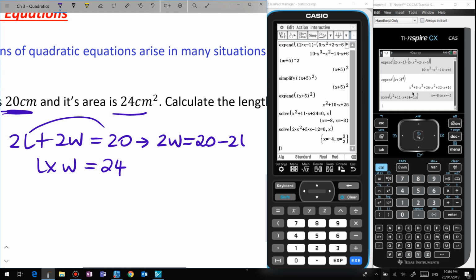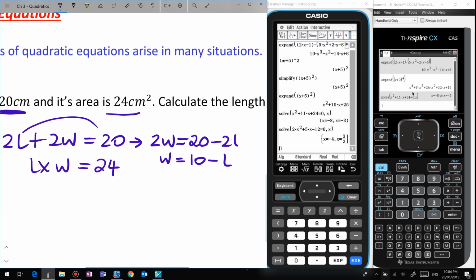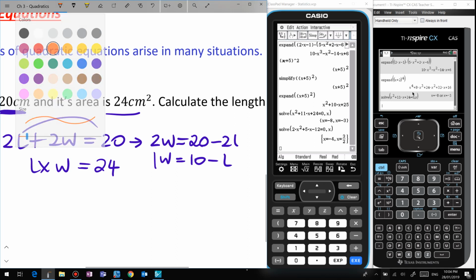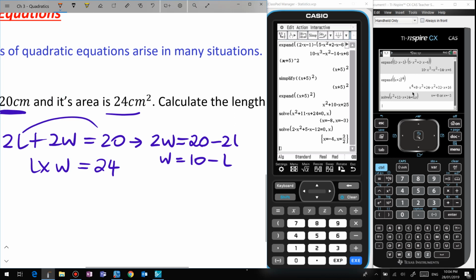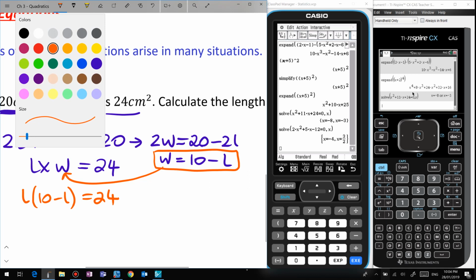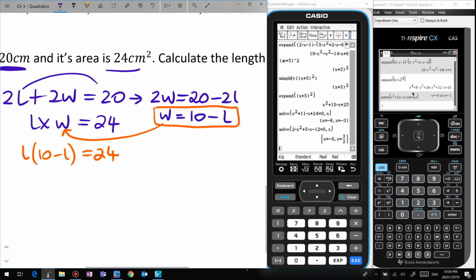And then I'm going to divide 2 to the other side, so I get W is equal to 10 minus L. And then I'm going to use that W and put it into there, so that then I only have L's. So I have L times 10 minus L equals 24.